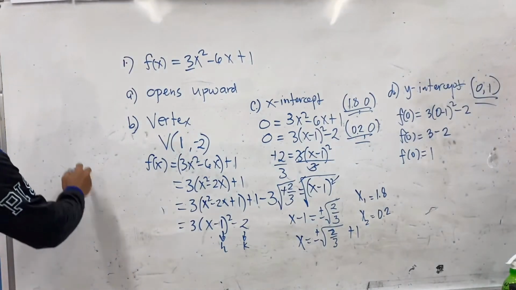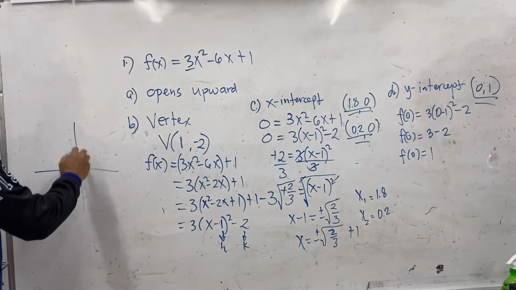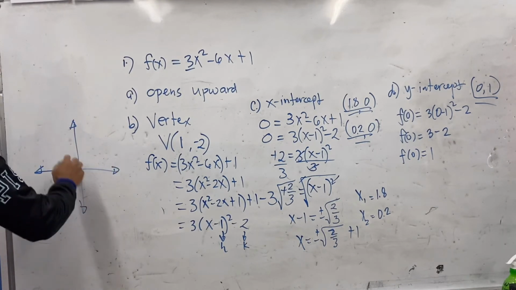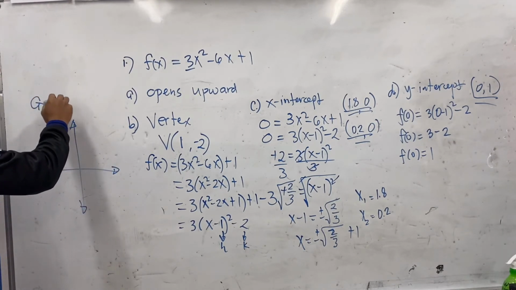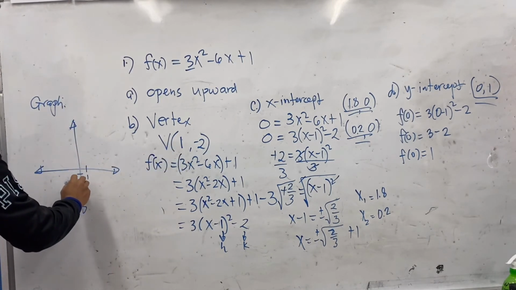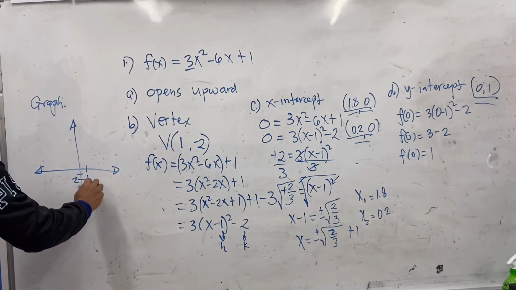We're going to graph. So this is the graph. The vertex is 1, negative 2, so the point is here. That will be our vertex.